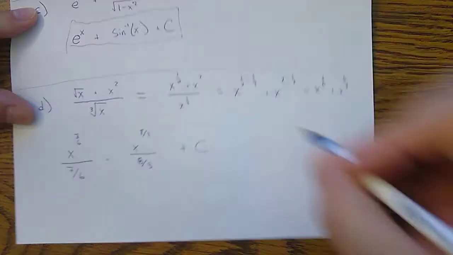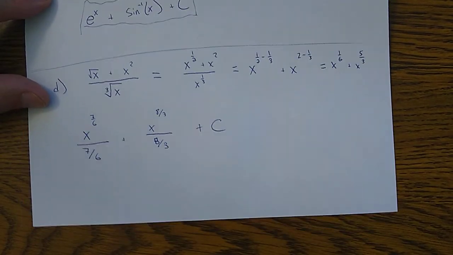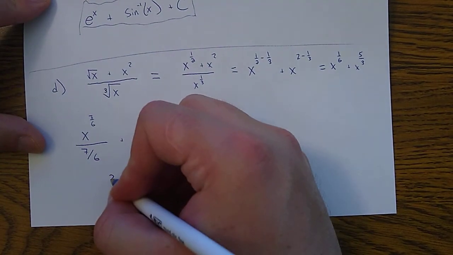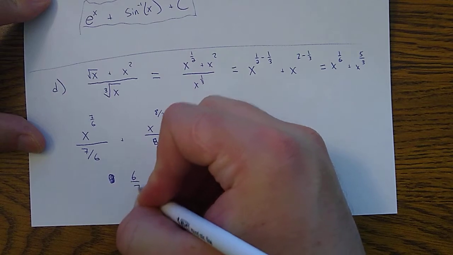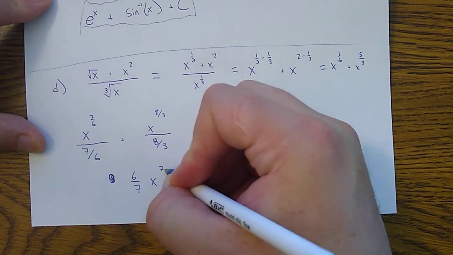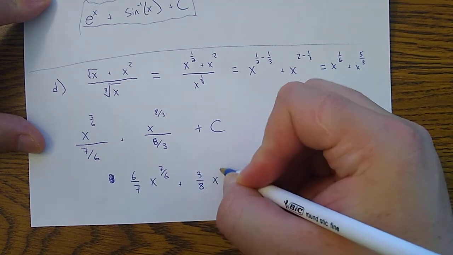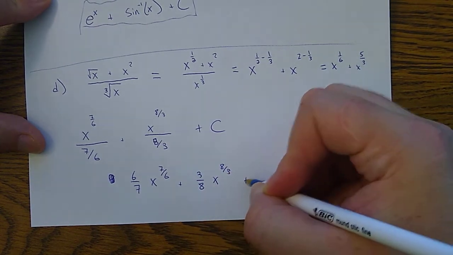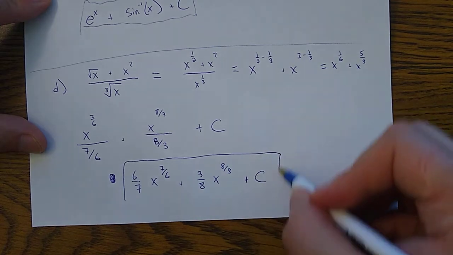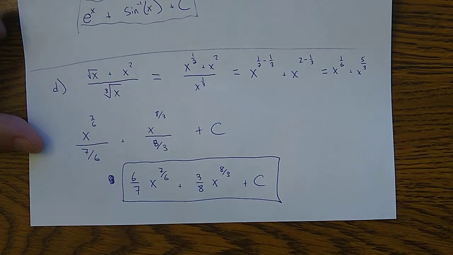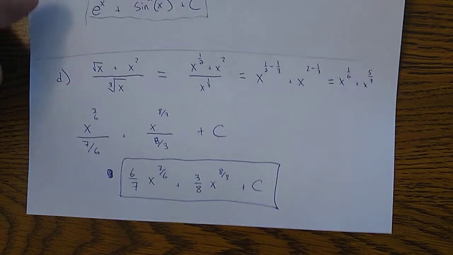And then I put plus c on my answer. Let me clean this up a little bit. This is 6/7 x to the 7/6 plus 3/8 x to the 8/3 plus c, like that.